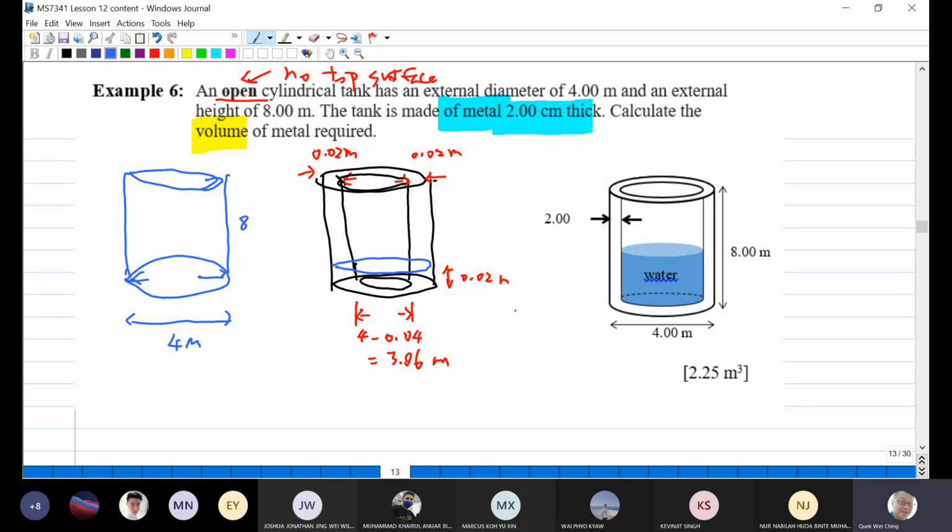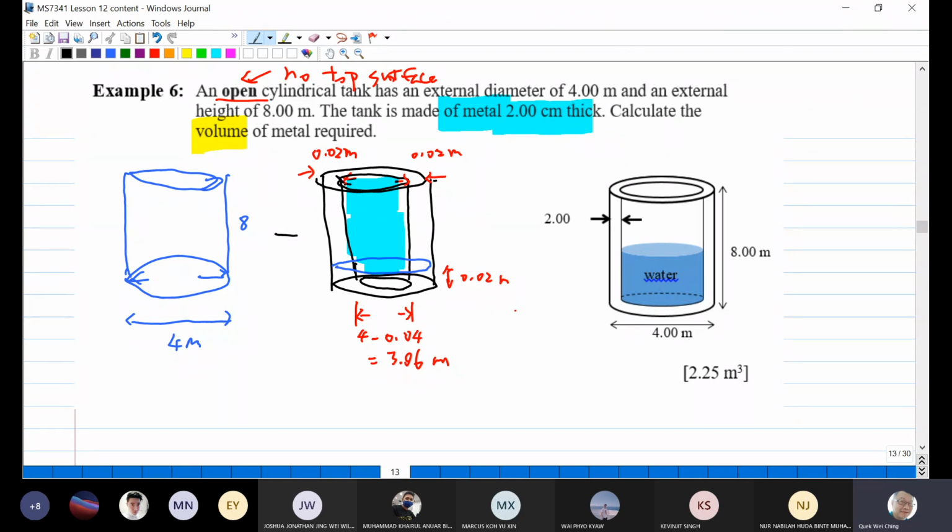What you do is take the total volume minus the volume of water here. So you take the total cylinder minus the volume of water, then you already get the volume of metal required, right?